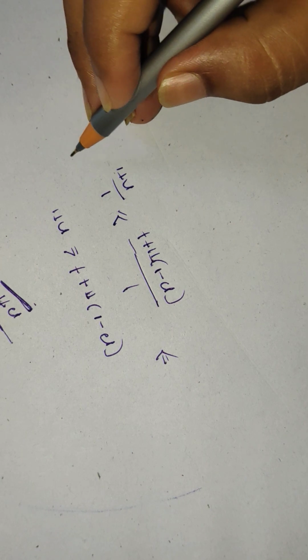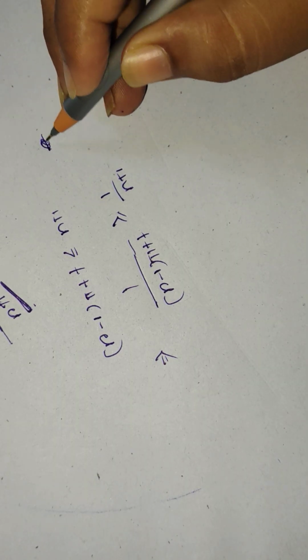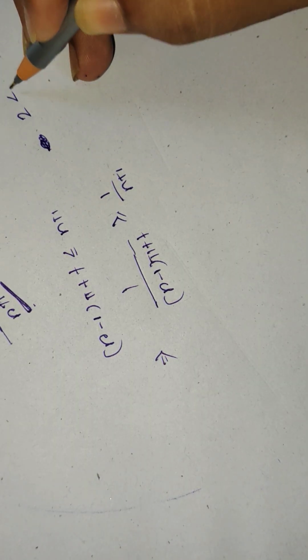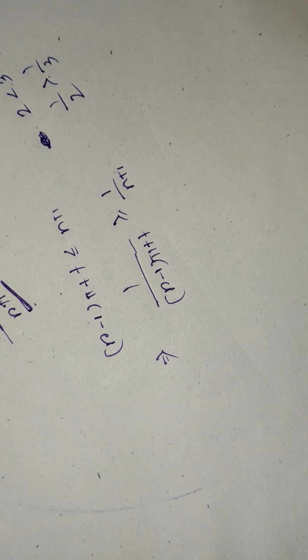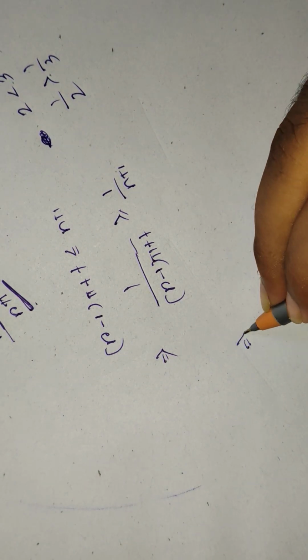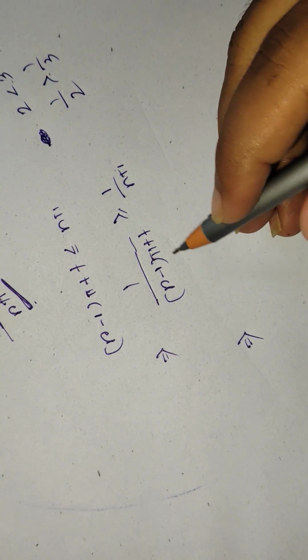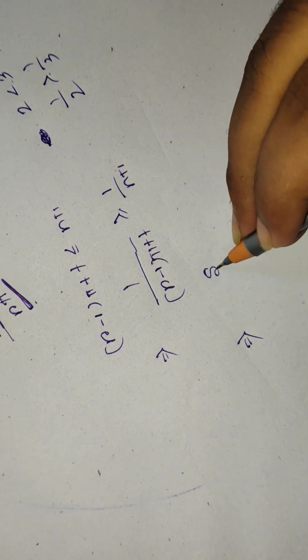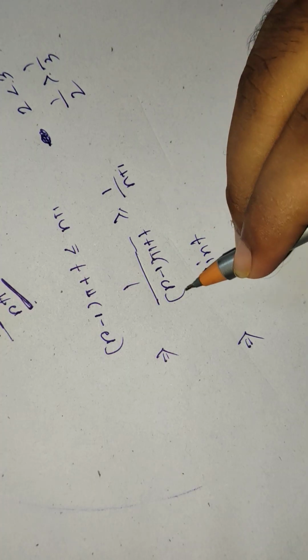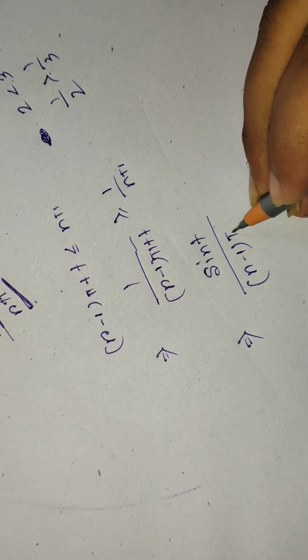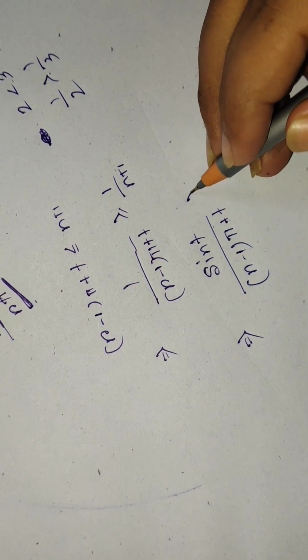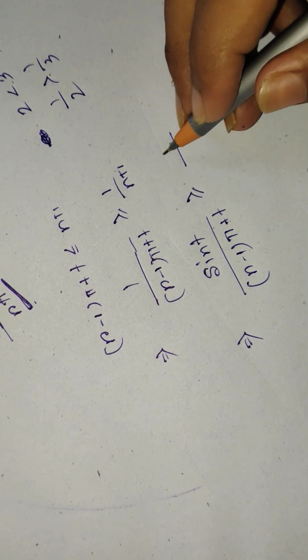Basically, if we say 2 is less than 3, then 1 by 2 is greater than 1 by 3, right? Now we multiply sin t on both sides, and as sin t is positive, the inequality will hold.